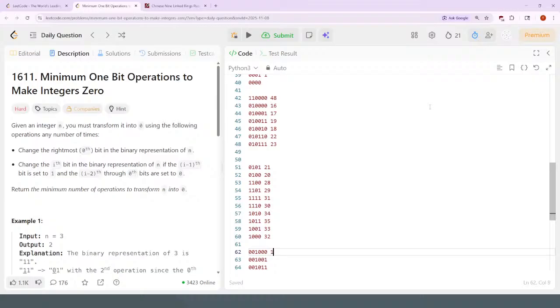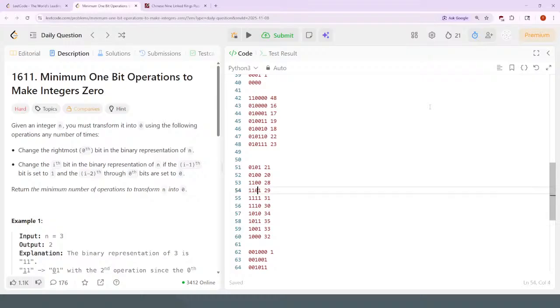This is 16, wait, oh shucks, there's a 0, 1 here, isn't there? Am I not counting the 1, 0? 16, 17. No, I am counting it.